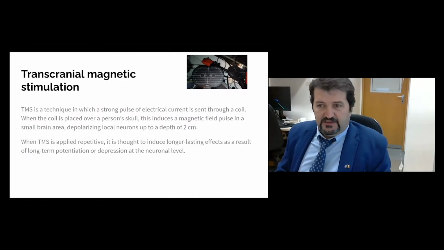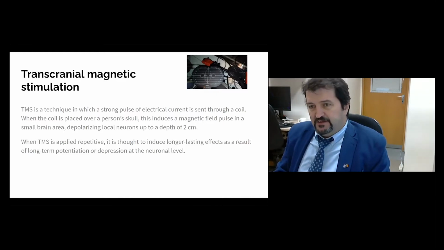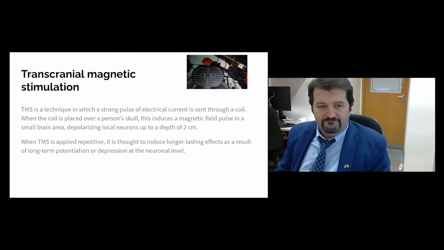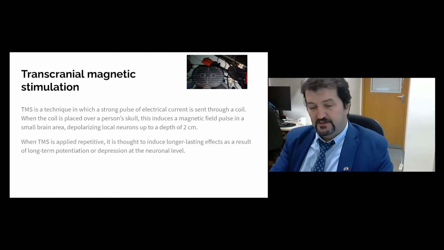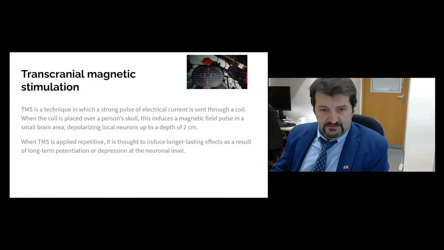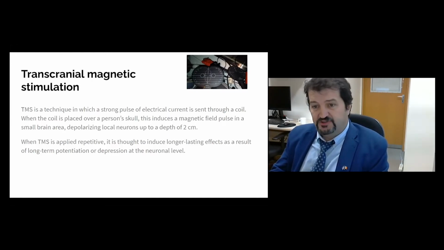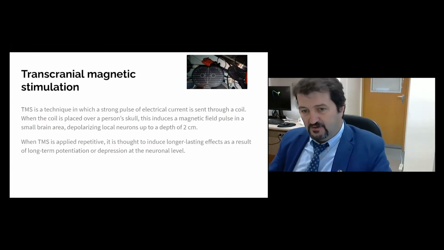So we can say that we stimulate or activate neurons just below the skull. And when it's repetitive, if we apply this for several minutes or several days, it might induce neural plasticity or long-term potentiation or depression at the neuronal level, with long-lasting effects.